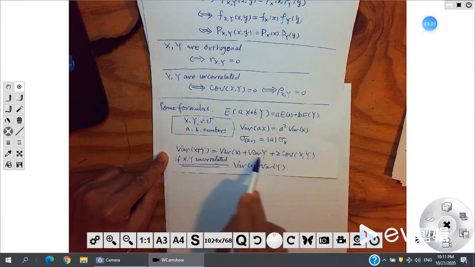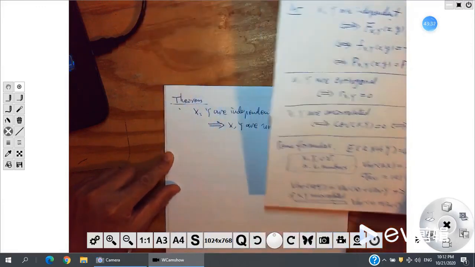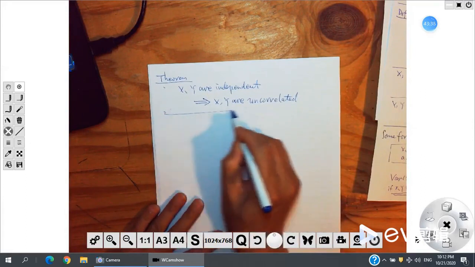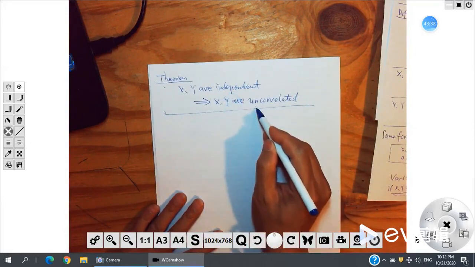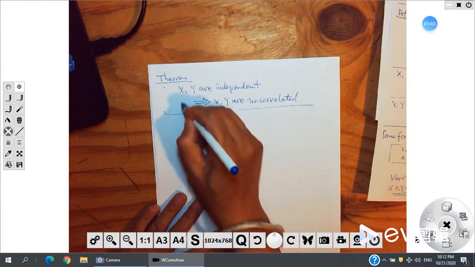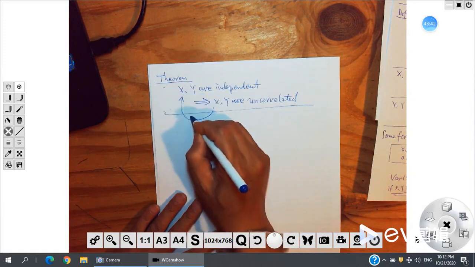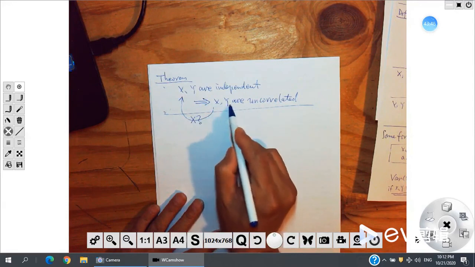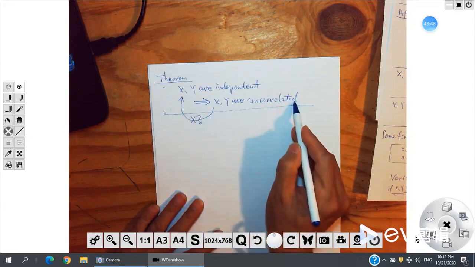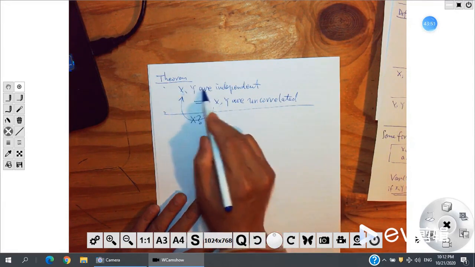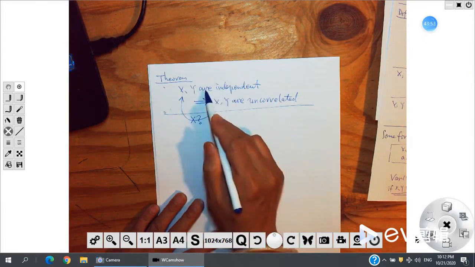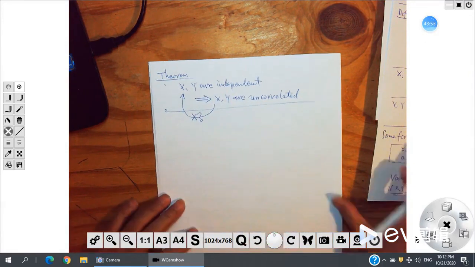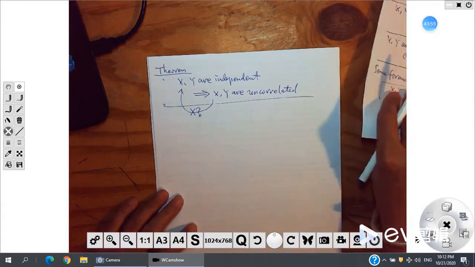We have this formula. From here we can have this one. But this way, usually you cannot show the converse. You need more information. If you just know x and y are uncorrelated, you cannot say they are independent. They might be independent, but not always, right? And the example we just calculated gives us an example.